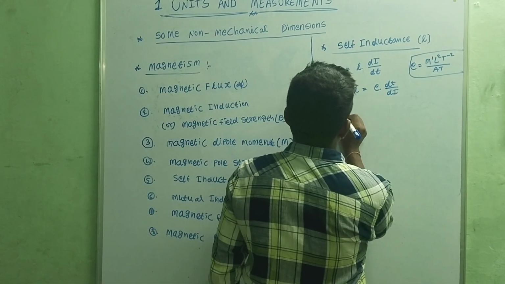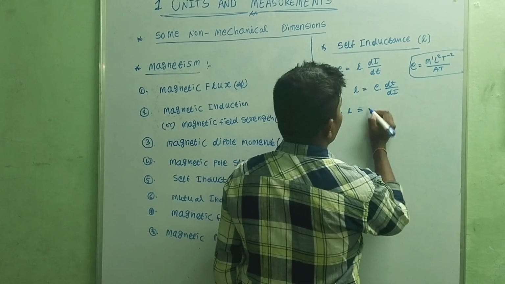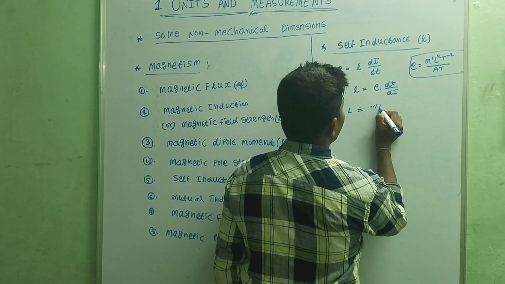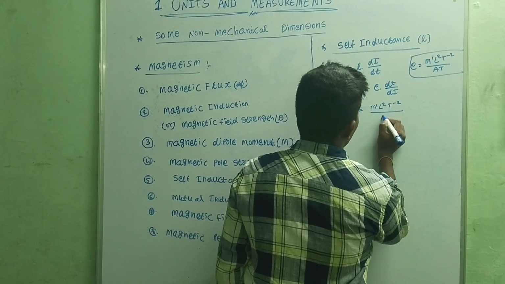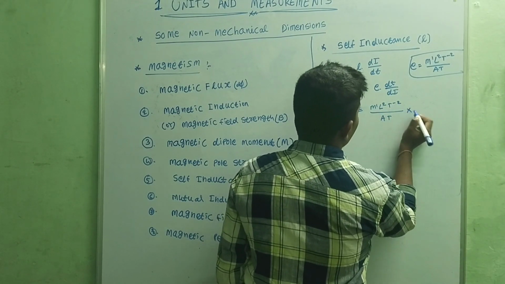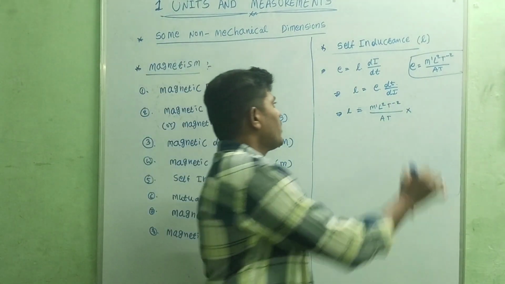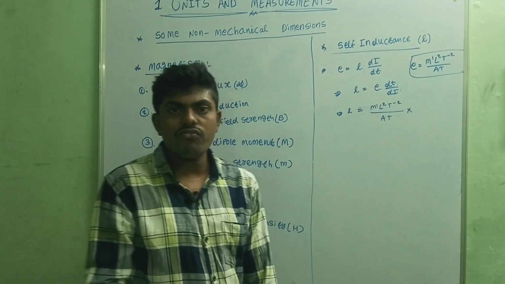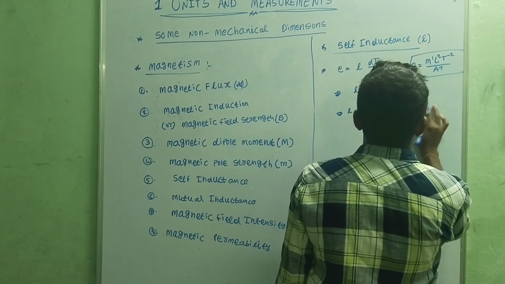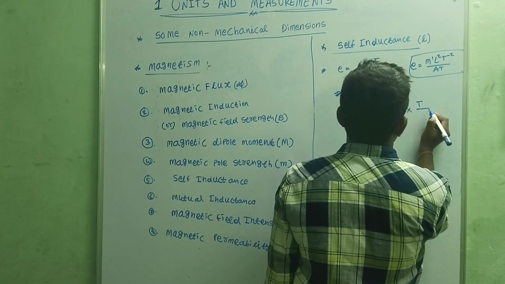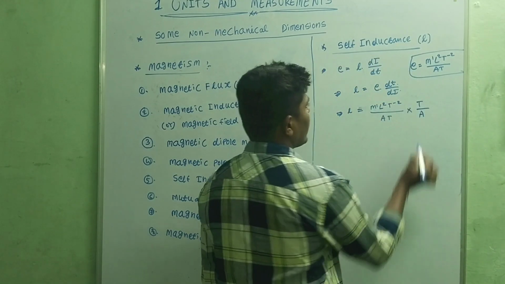So the self inductance L equal to M1 L2 T minus 2 by AT, into T by I, where T is the dimension of time and I is the dimension of current.